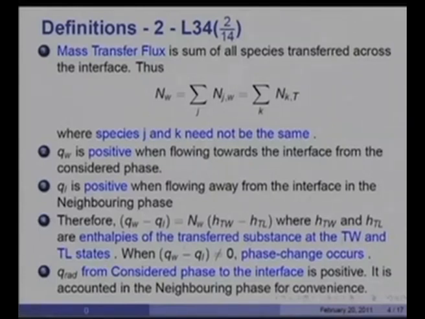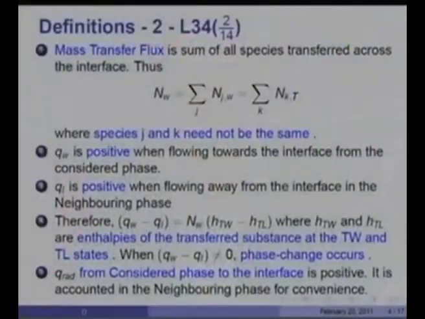This is very, very important. HTW simply implies the enthalpy of the transferred substance if it was to appear in the considered phase as HTW. HTL, on the other hand, is the enthalpy of the transferred substance in the neighboring phase, but at the temperature of the interface. So, that is what we mean by enthalpy here.